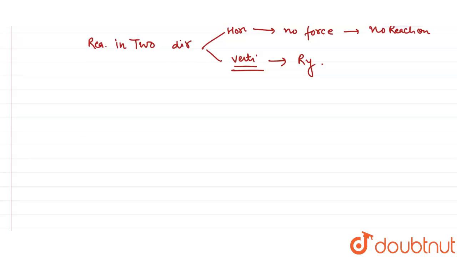Either it is positive y or negative y. So the equation can be written as Ry, that is vertically upward, plus tension, that is also vertically upward, minus mg, because mg is acting in downward direction, so it is a minus sign, and that is equals to ma, force equals to ma. This a is basically the acceleration of center of mass, that is alpha times L by 2.